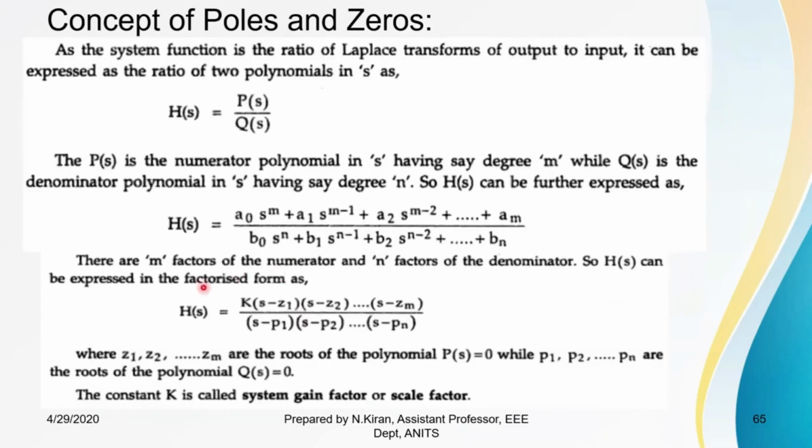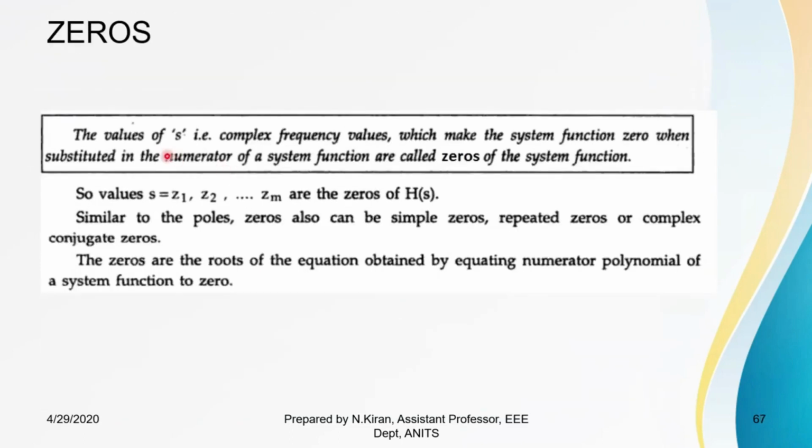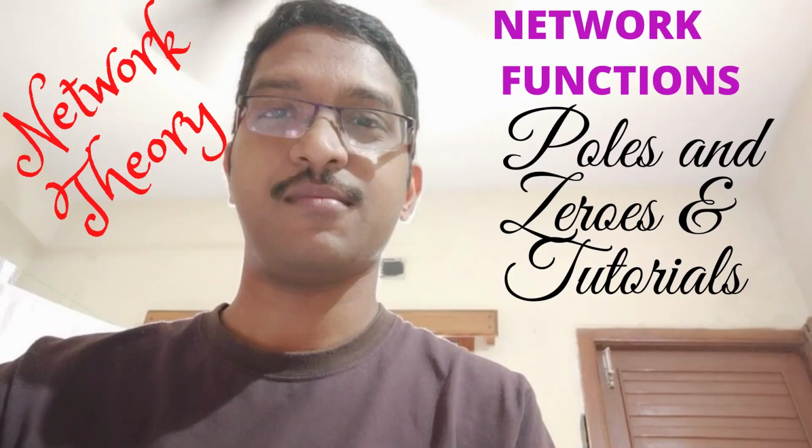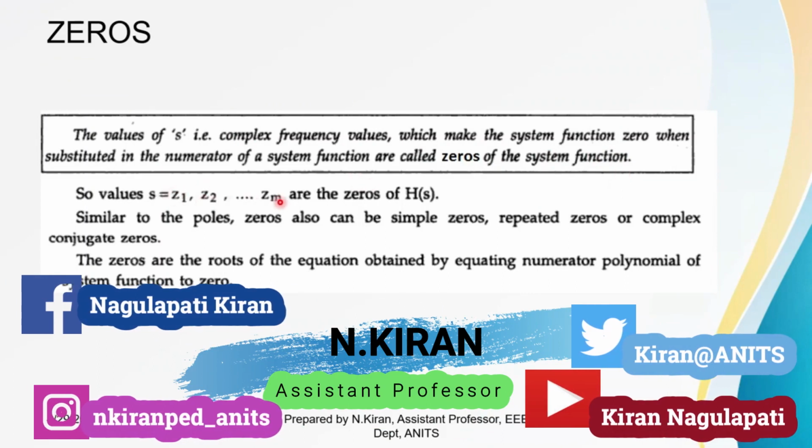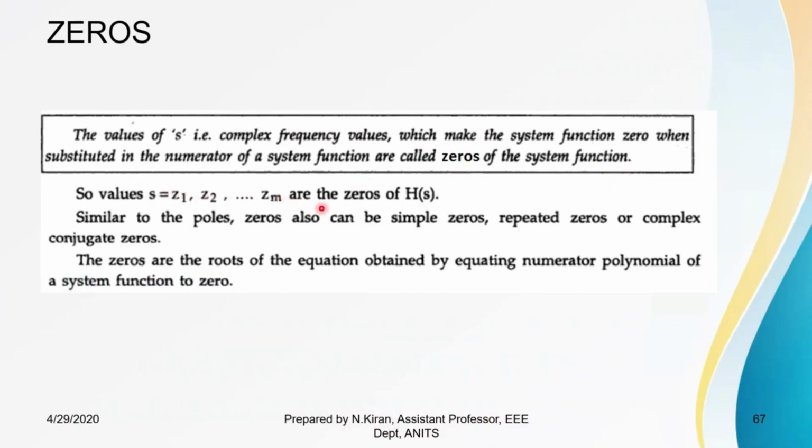Similarly, if this function has to become 0, then s should be equal to z1, z2, and so on till zm. So the values of s for which the system function becomes 0 are called zeros of the system. Here z1, z2, and so on till zm are the zeros of the given function.